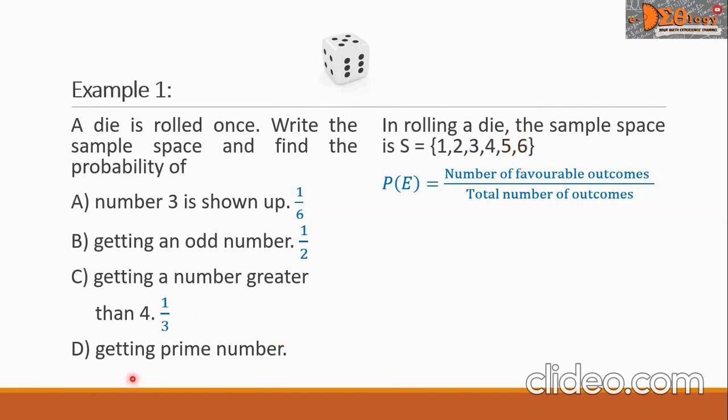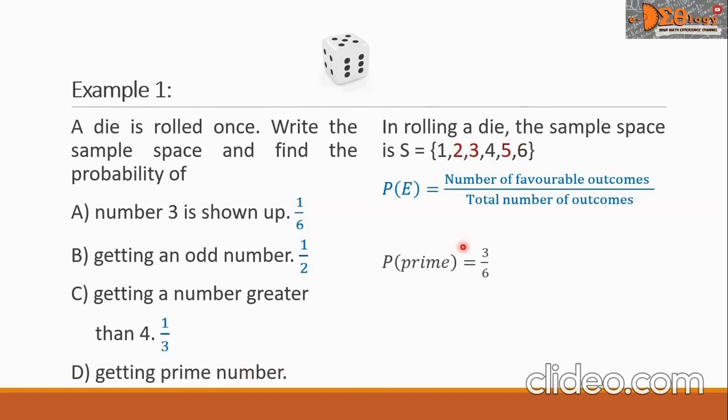Then let us proceed with problem D. The probability of getting a prime number. So we write P of prime. In our sample space, there are 3 prime numbers, namely 2, 3, and 5. Remember, prime numbers are numbers greater than 1 whose factors are 1 and itself.